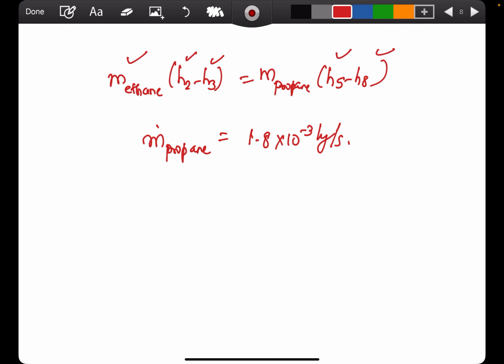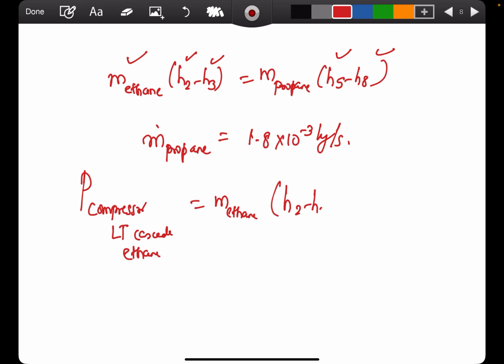Once you get the mass flow rate of propane and mass flow rate of ethane, you can find out the power consumed by the compressor of the low temperature cascade, that is handling ethane, and that would be equal to mass of ethane into H2 minus H1.